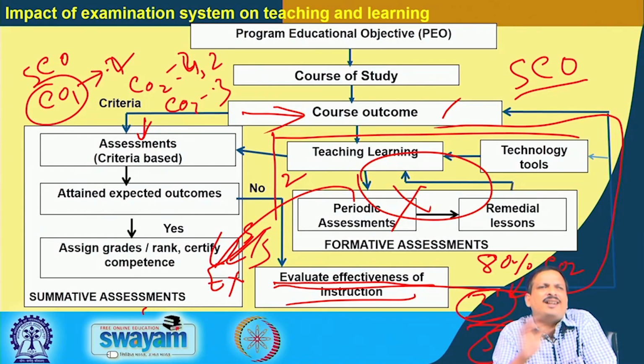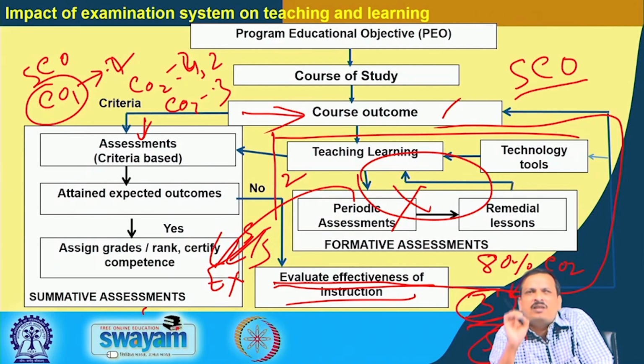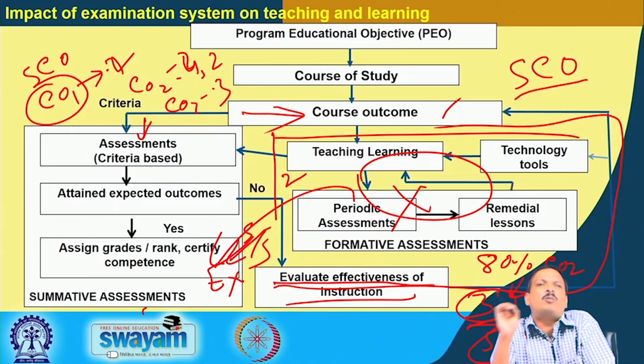There will not be 2 class tests only, there is nothing called a fixed number. It depends on how many concepts you cover in the lectures and how many concept misconceptions you want to judge from the students and provide remedial lessons.